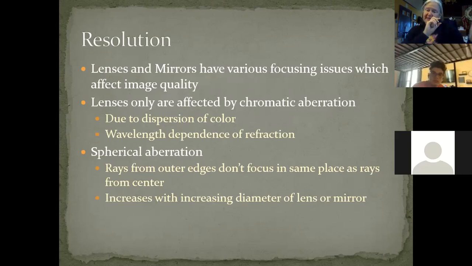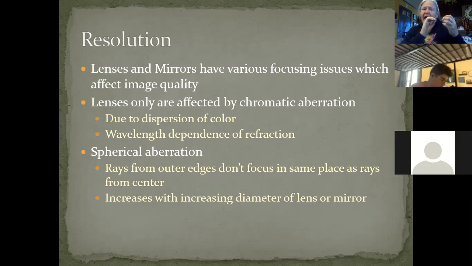We talked about because the light actually went into the material, if the different colors were affected differently, then that would spread the light out. Maybe red light bends less than blue light. And so what you get is you take white light coming from something, and when it passes through the lens or mirror, it spreads into the different colors like a prism would do. That's called dispersion when that happens. We talked about that with total internal reflection the other day.